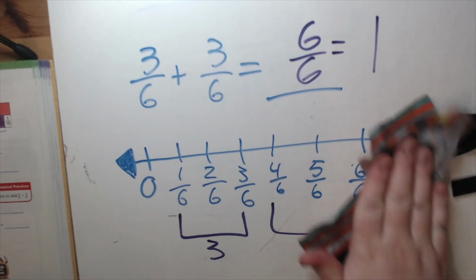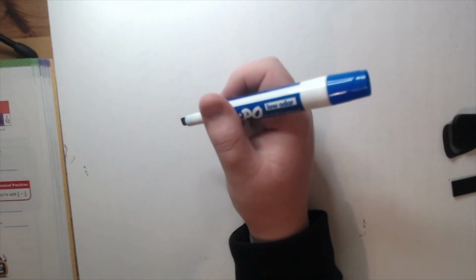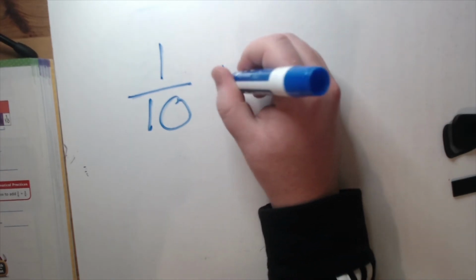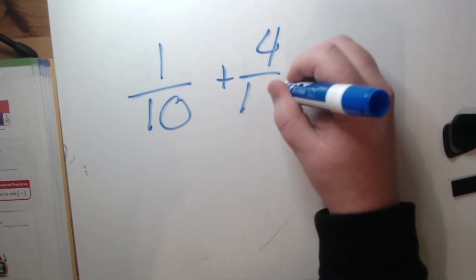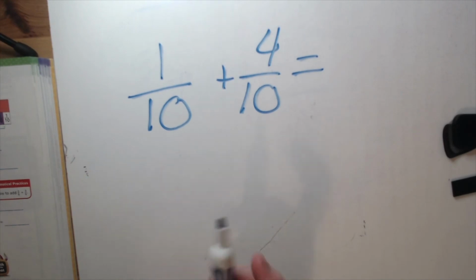Okay, last one, before I give you some to do on your own. Number 10, once again, says, find the sum, use models to help. We have 1/10 plus 4/10. This time, even though it says use models to help, this one is for the people that are extremely confident and think they may not need the models.